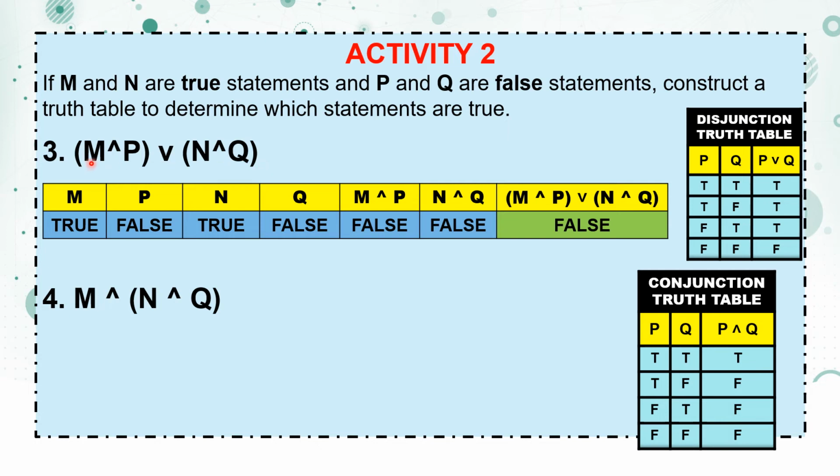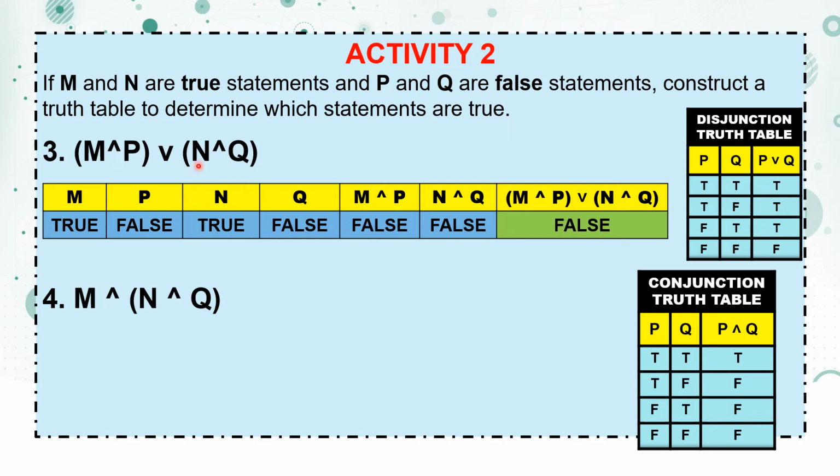So, we have here M and P. Kukunin natin M and P: true, false. Since this is conjunction, gamitin natin itong truth table ng conjunction. True, false ay false. So, yung ating M and P ay false.